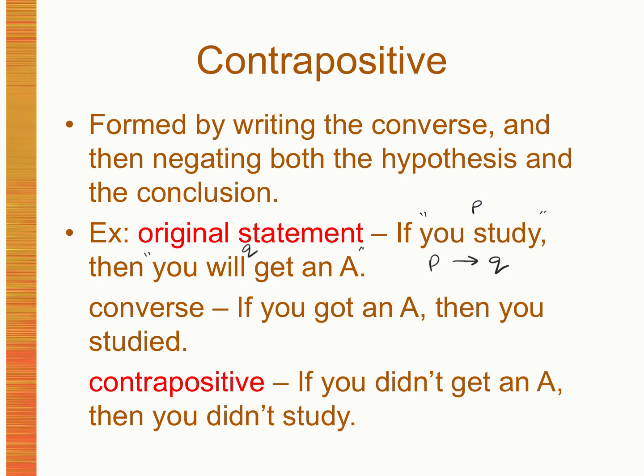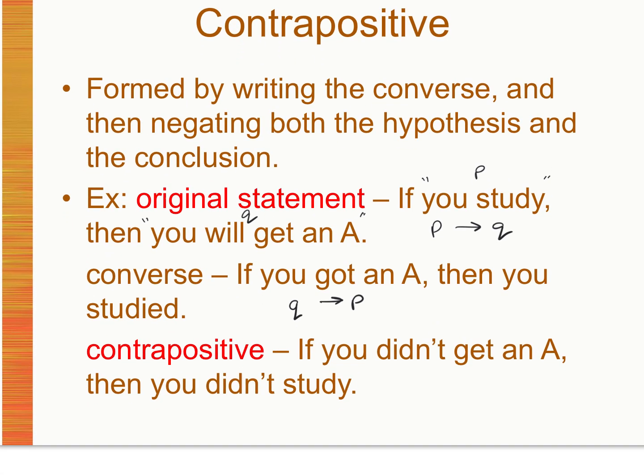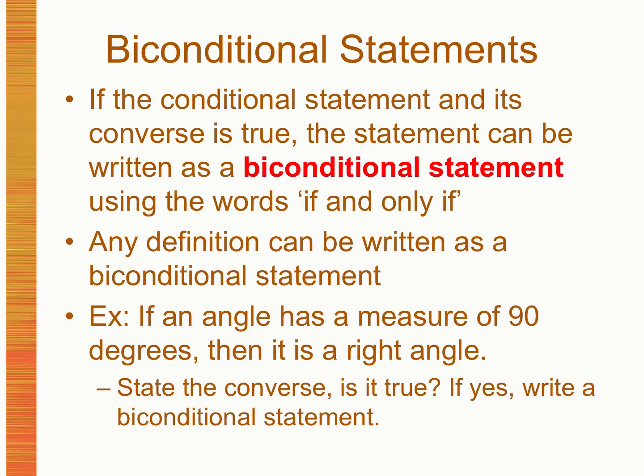The converse would change the order, so it would be, again, if Q, then P. And the contrapositive, now that we switched the order, is going to negate. So if you didn't get an A, then you didn't study. And so if not Q, then not P. I know that's weird, but the contrapositive is basically the converse and inverse applied to the original statement. So it is both.